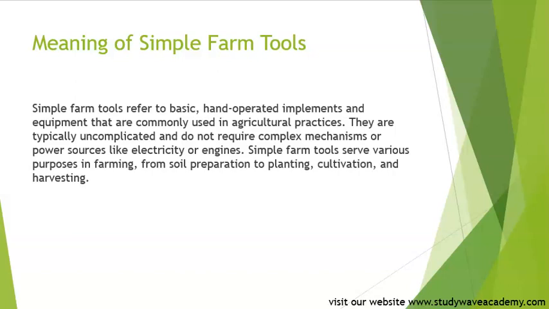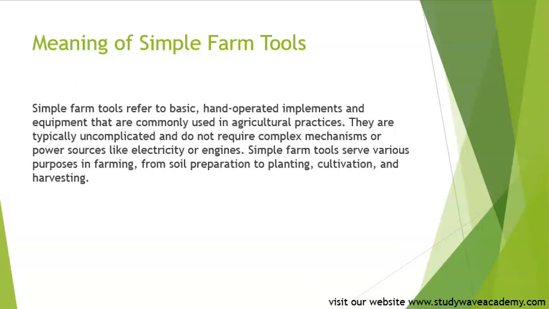Okay, so we now know the meaning of simple farm tools, right? They are basic manual implements and equipment used in farming. They do not require electricity or engines to operate.